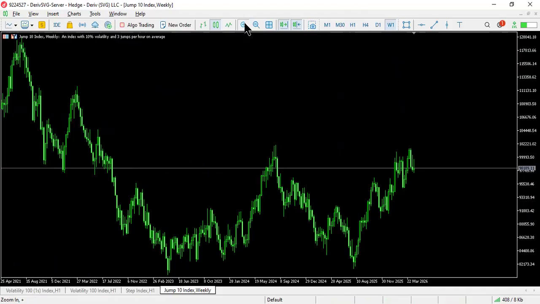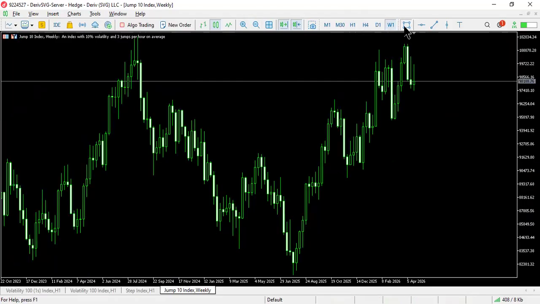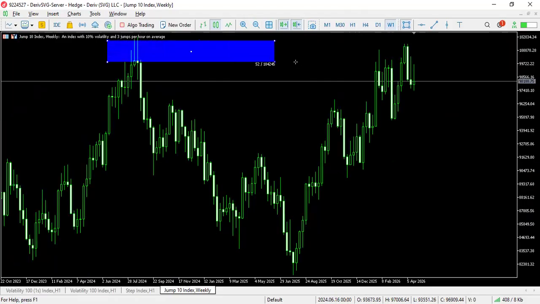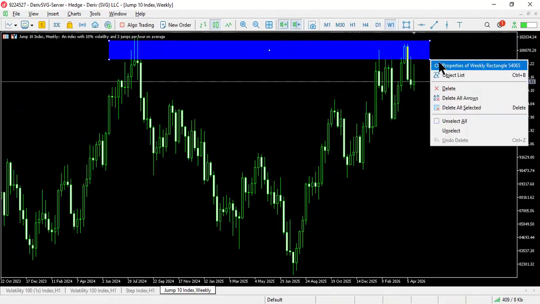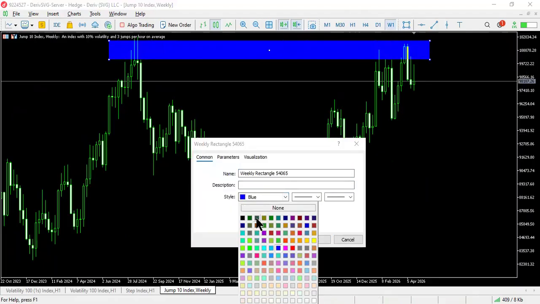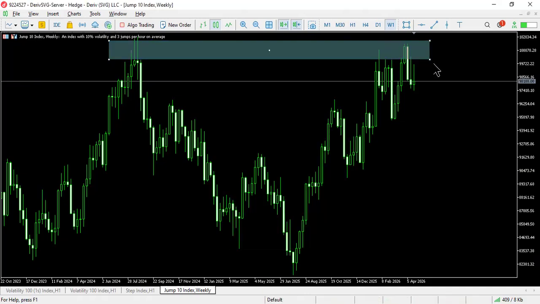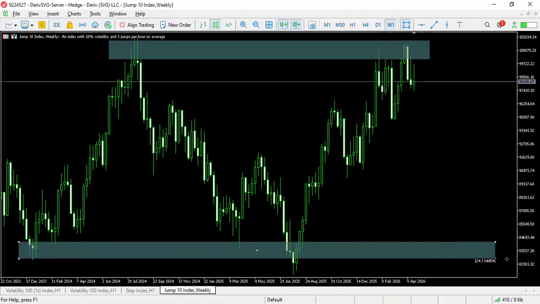So from the weekly time frame, we can see that is a supply zone right there, and then down here we have a demand zone. Therefore, this one is in a range, but it's a good range.